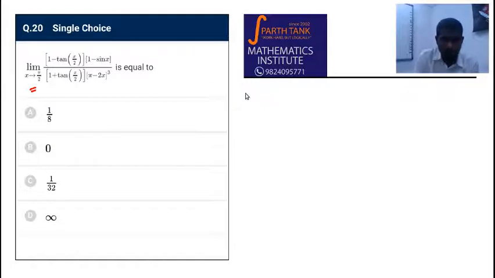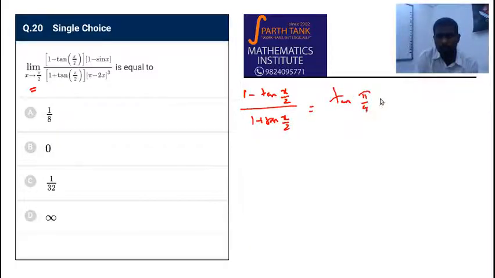First of all, (1 minus tan x by 2) by (1 plus tan x by 2) is tan of (pi by 4 minus x by 2). And then from here also, if I pull out a 4, I can get the same expression, that is pi minus 2x the whole cube.